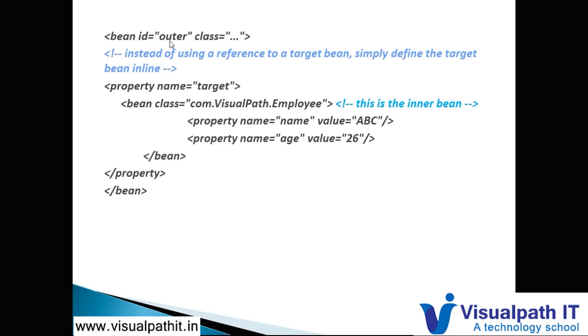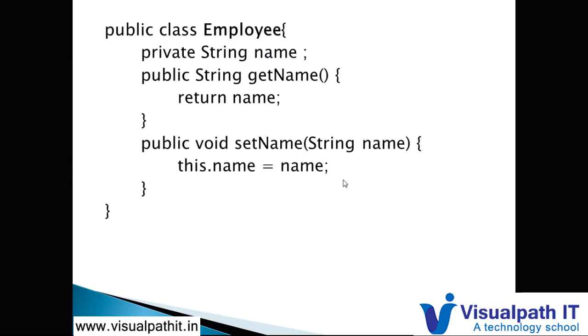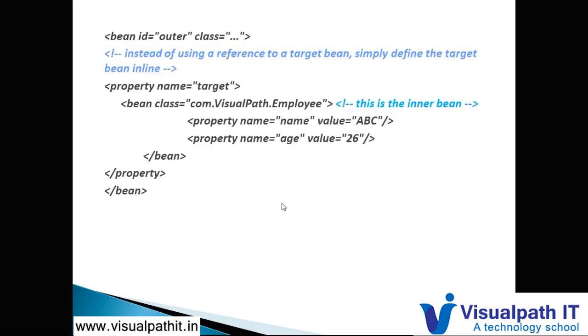Within the property of the outer bean, the inner bean will be defined. That is one thing we need to understand. This inner bean can also have separate properties for itself, like name, age, or whatever it is. Employee, name and age. This is a simple POJO getting and setting the name of this particular employee.